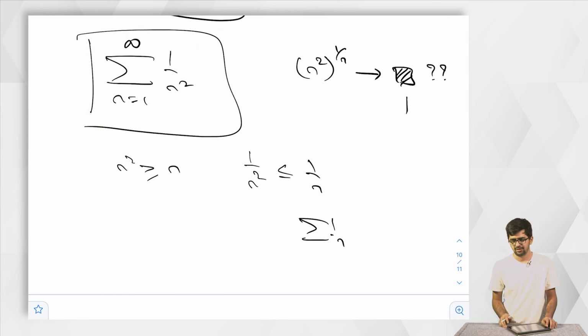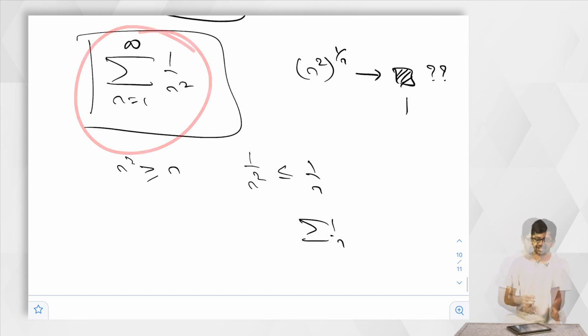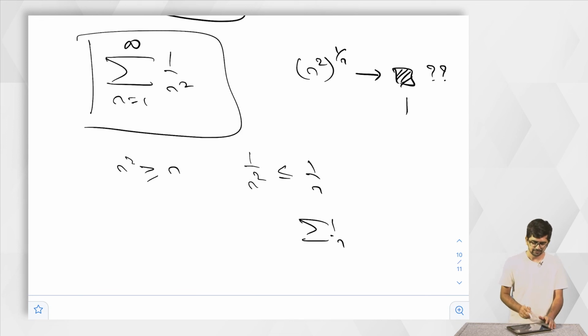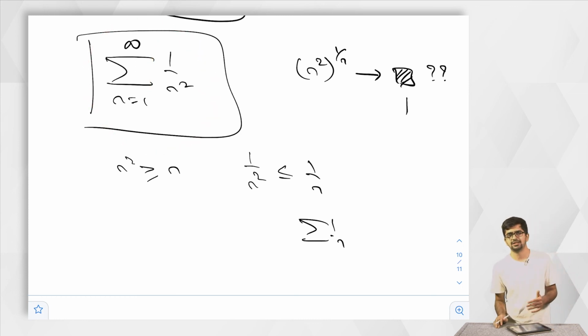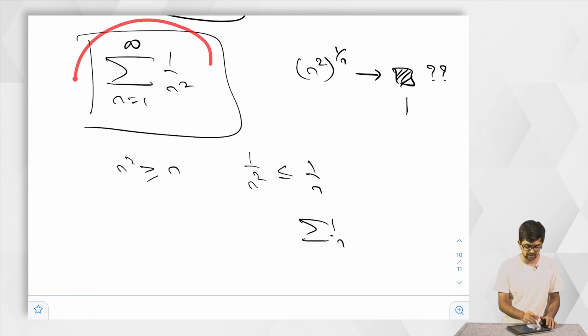So maybe there are other tests that check the convergence of this. Let us do this from basic principles. Again same thing as what we did for 1 by n factorial. Suppose I know that this sequence of partial sums is bounded above, then we are done, because every element is non-negative. Once I know that this thing is bounded above, that implies this series is convergent.